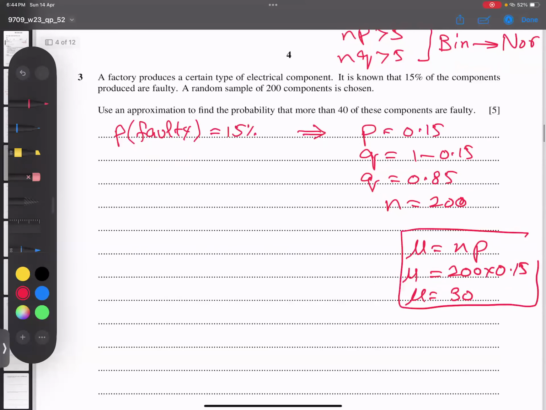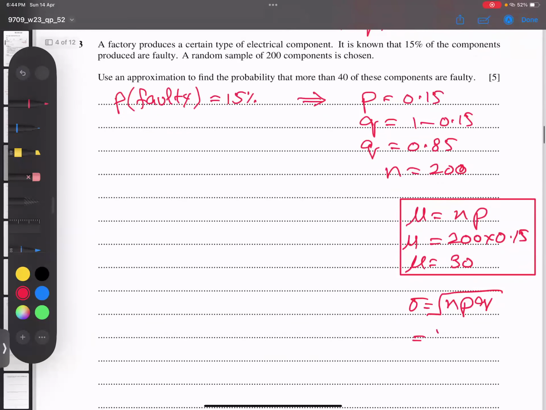Mean, I got it, students. So now I'm going to find the deviation, and the formula is root of npq. So n is 200, p is 0.15, and q is 0.85.